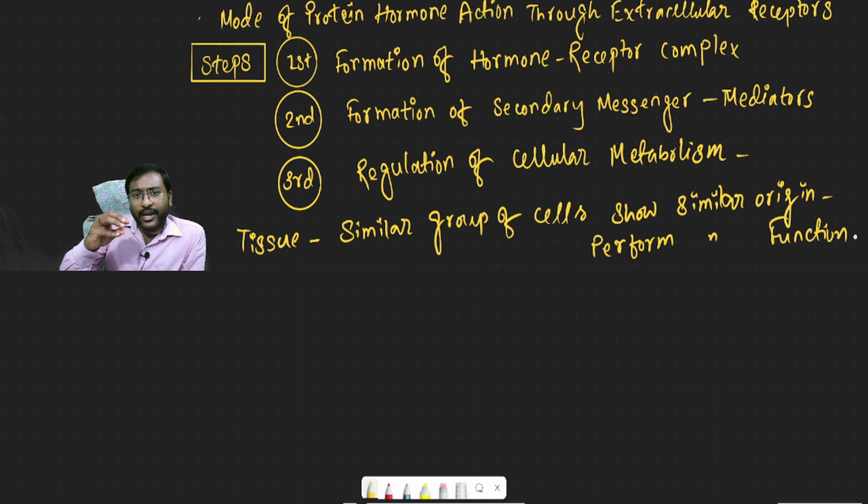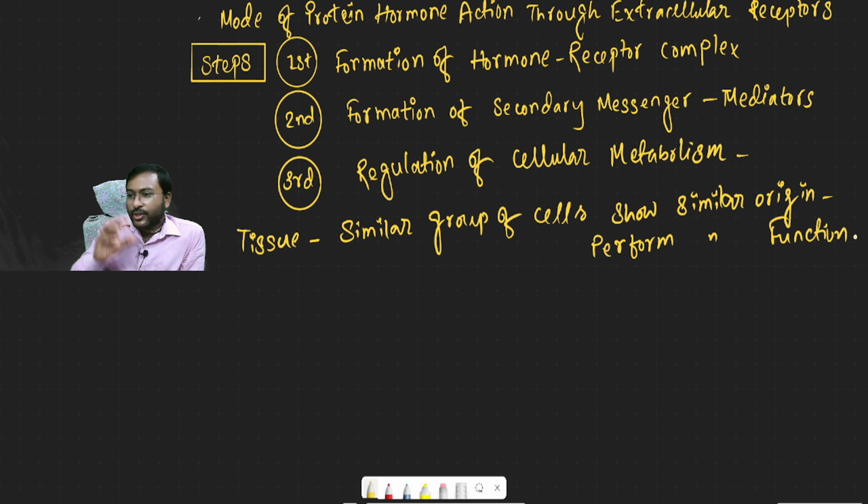So when a hormone produces an effect on its targeted tissue, tissue means a similar group of cells. Within that cell there is obviously a cell membrane or plasma membrane. Within the cell membrane, protein receptors are present, and that type of protein receptor is known as the hormone receptor, to which the hormone will come and bind.